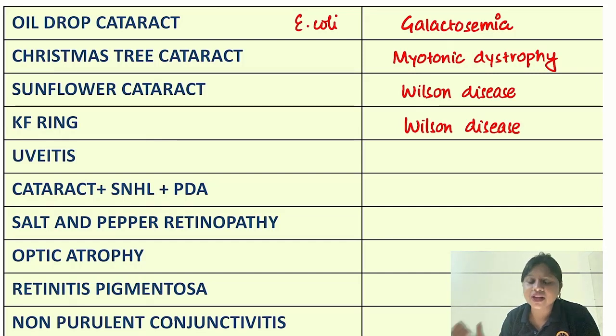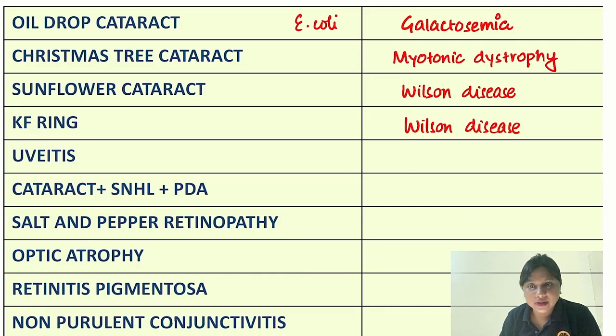Does that mean that a child with hepatomegaly or hepatic manifestation, cirrhosis, liver failure, will not have KF ring? The answer is no. 30 to 35% of cases of Wilson disease with hepatic manifestations also present with KF ring.